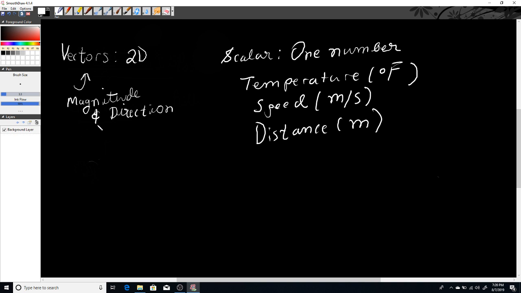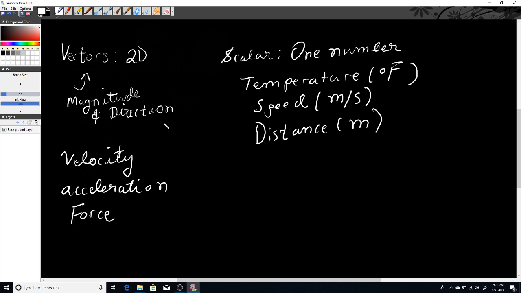For example, some vectors include velocity, acceleration, force, and plenty more.